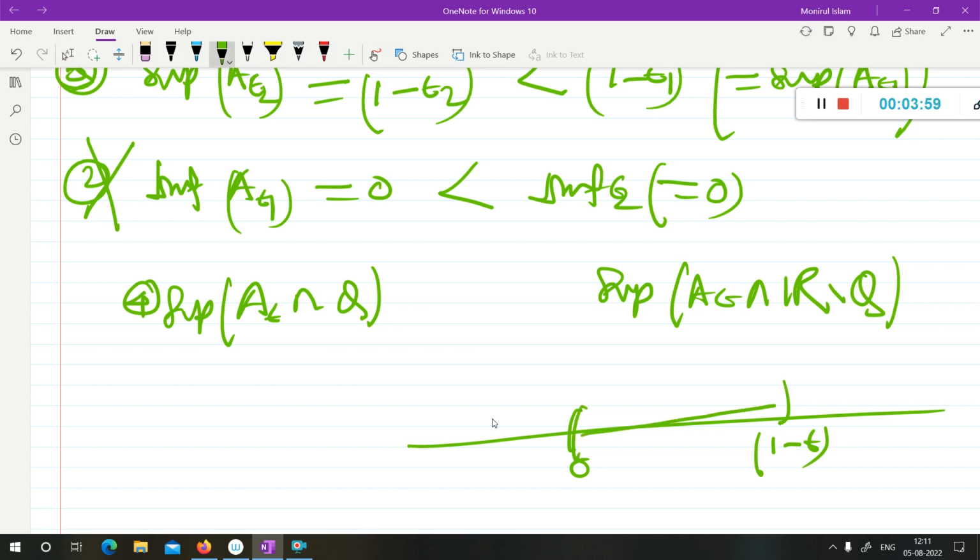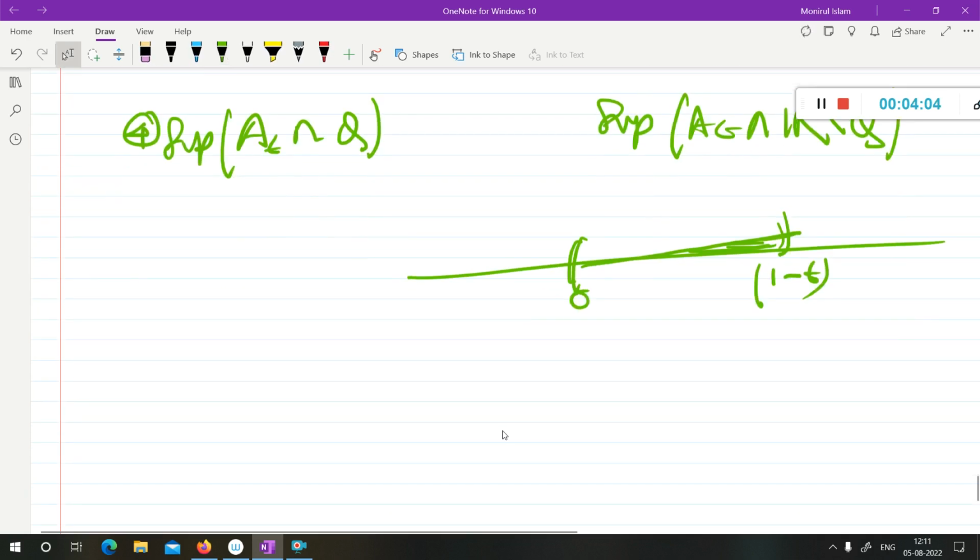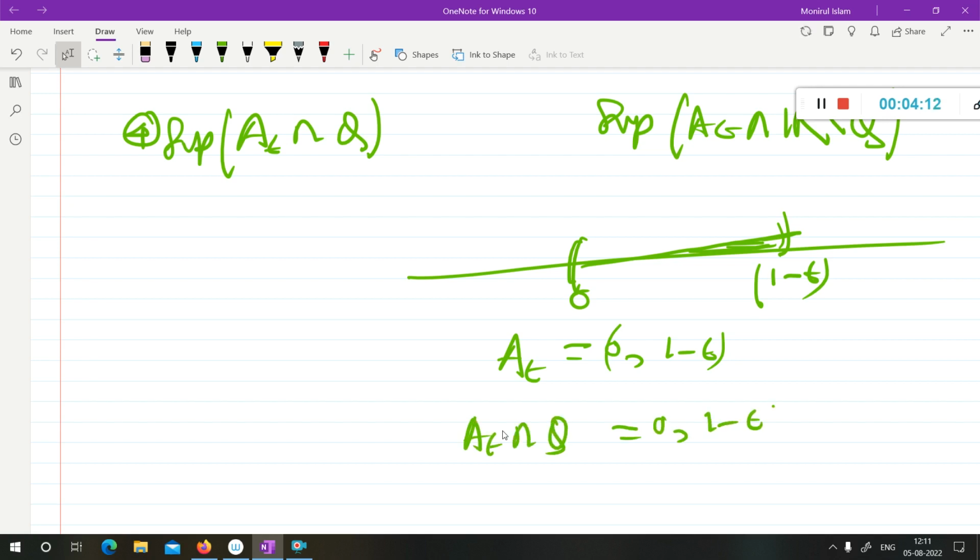If you take the rational points, epsilon is rational, so this gives 1 - epsilon rational. So what will be the supremum of this interval? What is the supremum of this set?